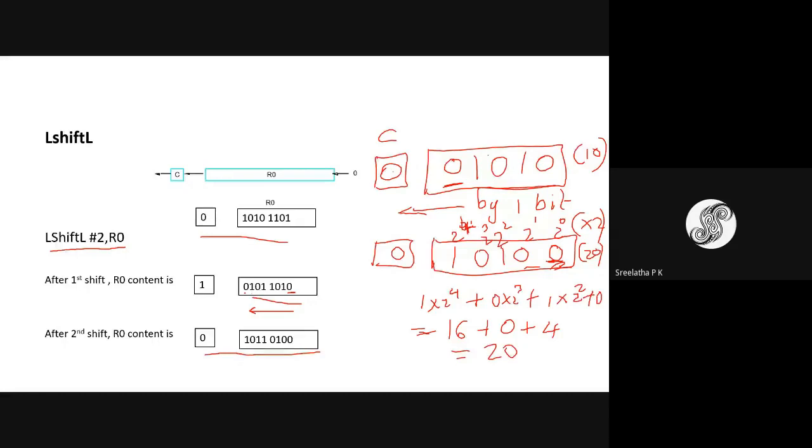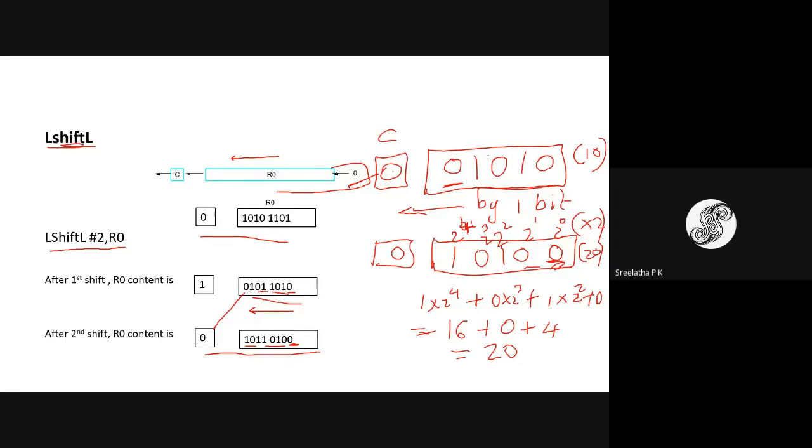The 0 moves to the carry bit, and 1 0 1 0, and then one free bit space is created. It is filled with 0, as the diagram shows. Here you can see it is filled with 0 when the bits are moved to the left by 1. Fine, this is logical shift left.